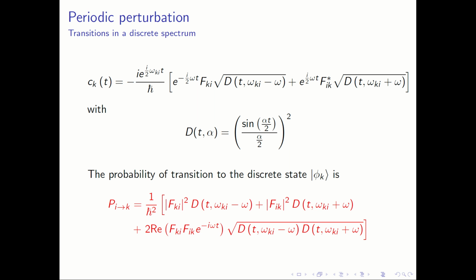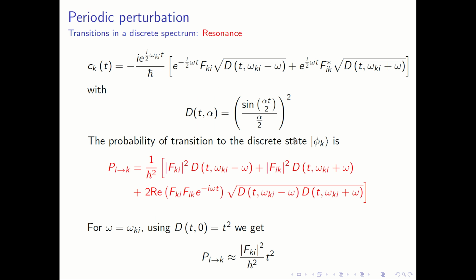Now what happens if that is the case? Then of course alpha, the argument, in this case omega ki minus omega, becomes 0, and that means this function becomes t square. The probability of transition from i to k in such a case simply is given by this term. I can safely ignore the other two terms simply because when omega is equal to omega ki, the argument alpha for this one is very large, which means d is very small.